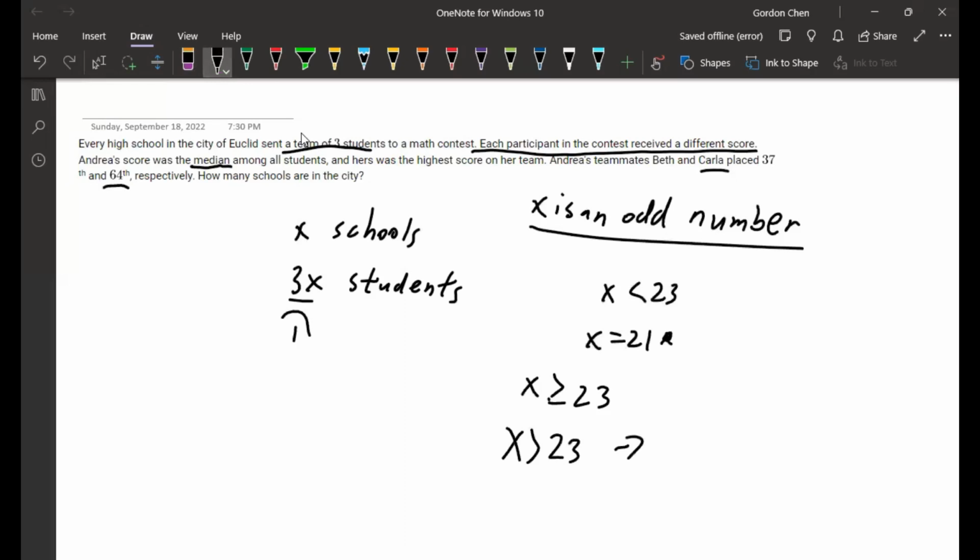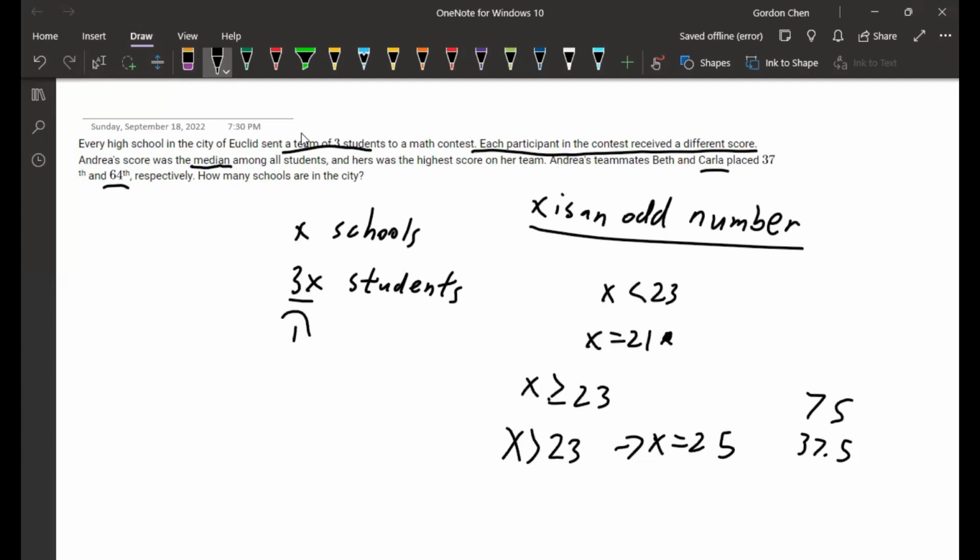Let's say the greater case, so x is 25, then there'd be 75 students, and the median would be 37.5, which obviously can't happen.